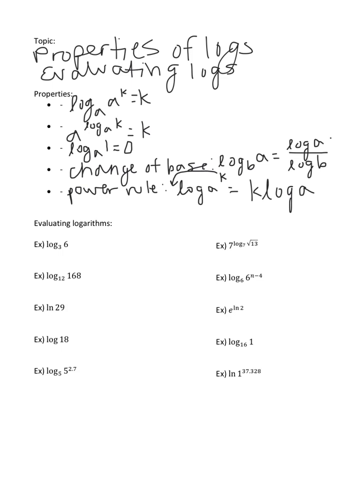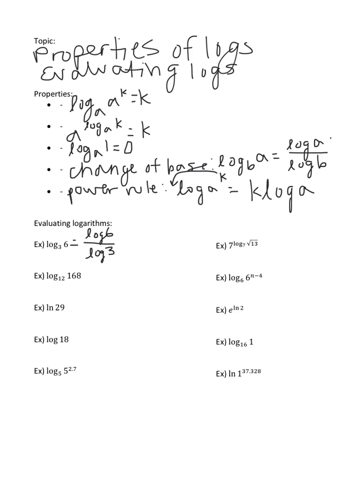Alright, so let's try evaluating a couple of these. Log base 3 of 6. I have no idea what that is because I don't know what I need to take 3 to get 6. If I take 3 to the second power, it's already 9, so it's too big. So we can use our change of base formula here. This is going to equal log of 6 over log of 3.